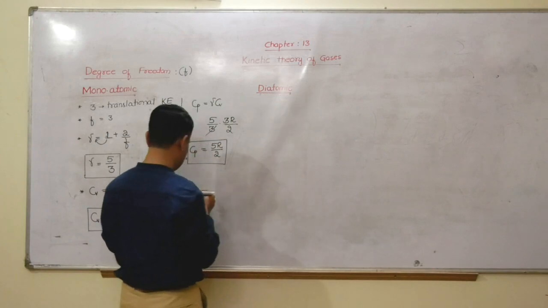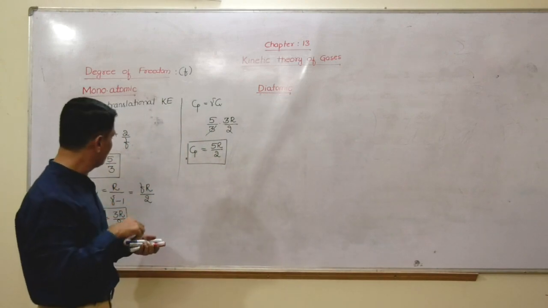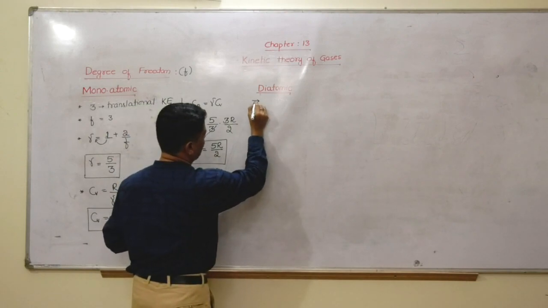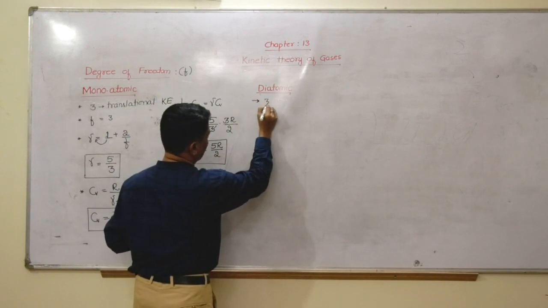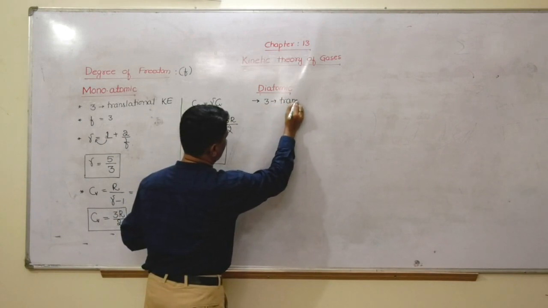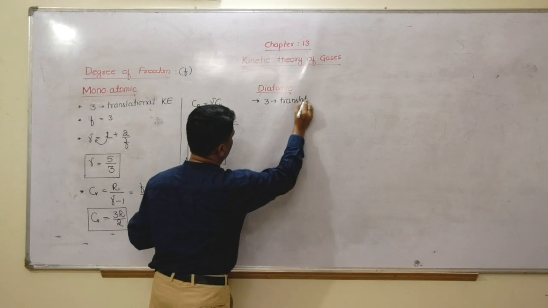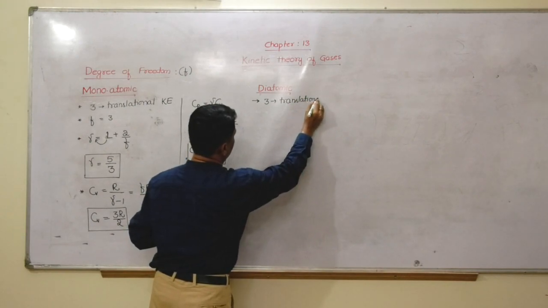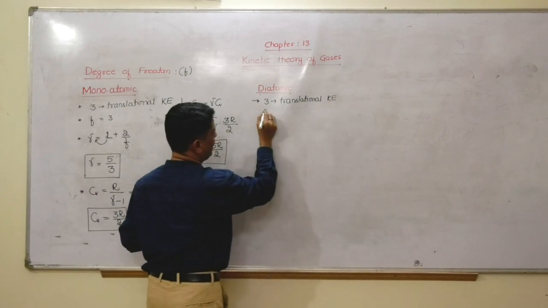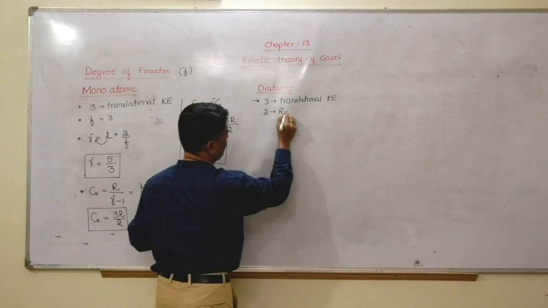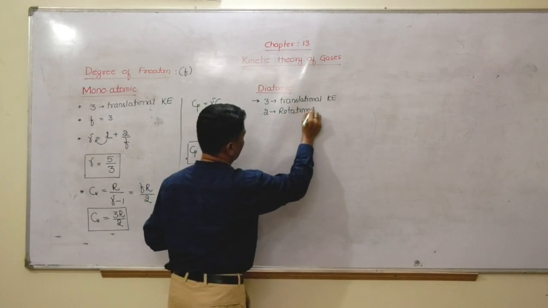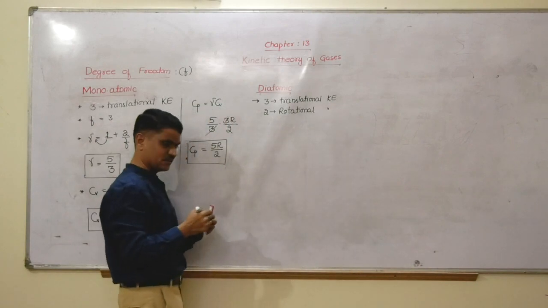Now you can go for diatomic. For diatomic gas molecules, I said the expression for total energy consists of three translational kinetic energies and two rotational kinetic energies.